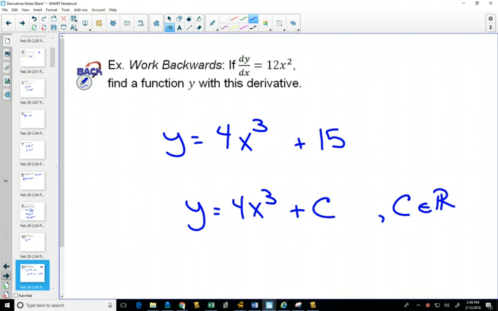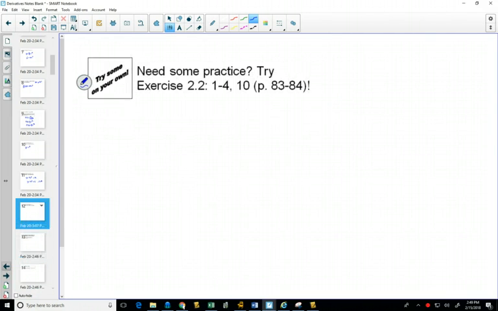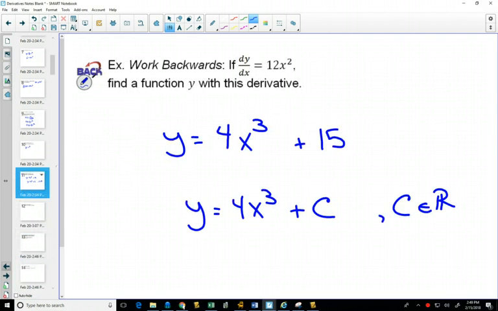And officially, we don't see this until 2 slides from now, right? But when you add or subtract functions, you can do the derivative separately. So I jumped the gun there a little bit by adding the 15. That's why I was hesitant to do it right now, because technically we didn't know we could do the derivative of each thing separately.